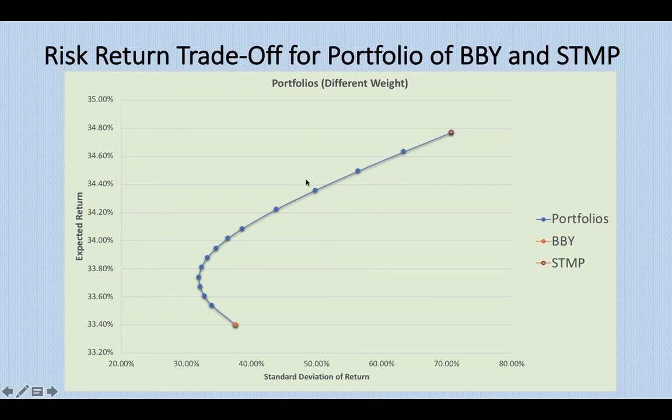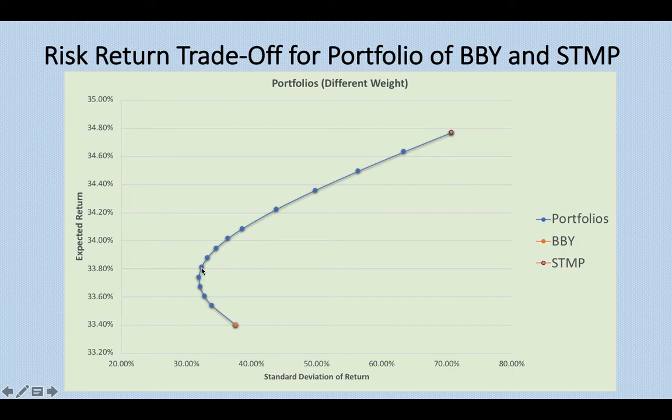All the other dots are based on different proportions, the weights you hold them in. This graph tells you that if I hold a little bit of Stamp, I can increase my return and my risk is reduced. I hold a little bit more Stamp, increase return, reduce risk.